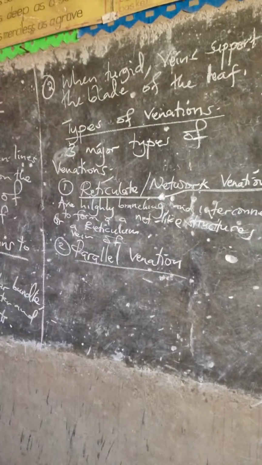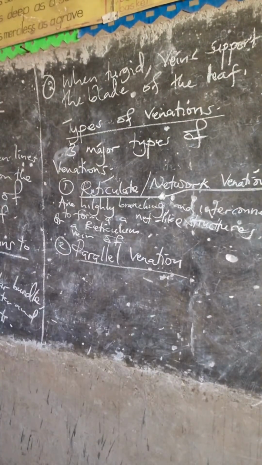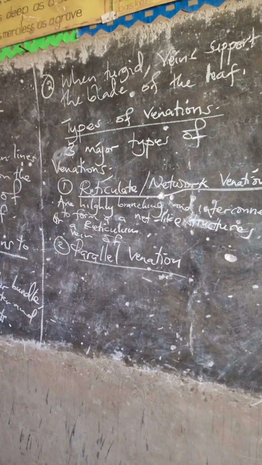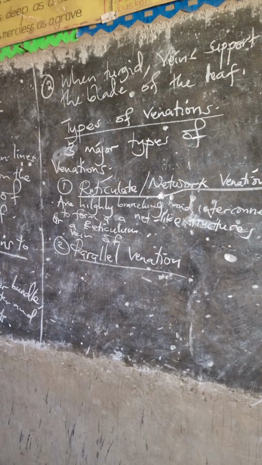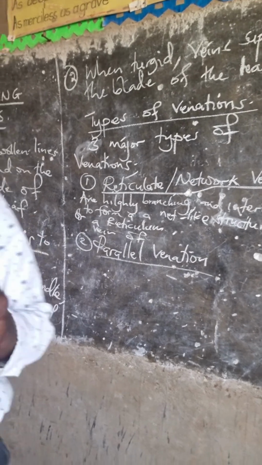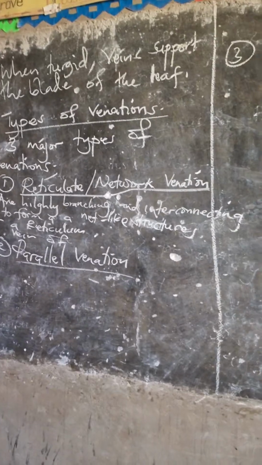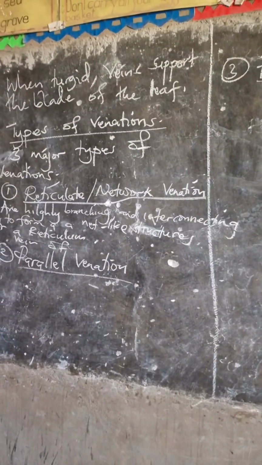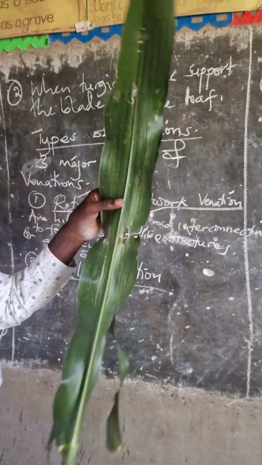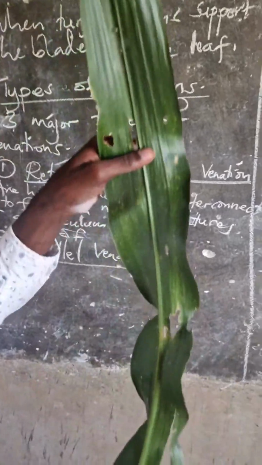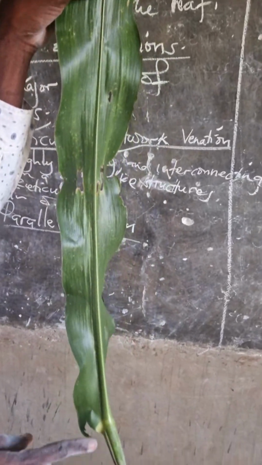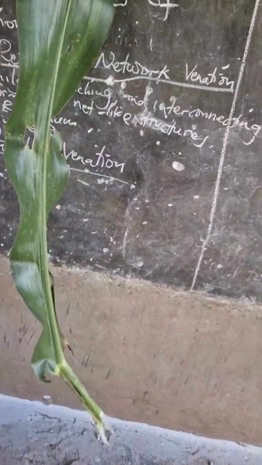And when we go to parallel leaf venation, when we use this one, we shall find that this one is not so clear. Let me use this one. For the parallel leaf venation, we shall find that the veins run from the bottom of the leaf to the tip of the leaf.